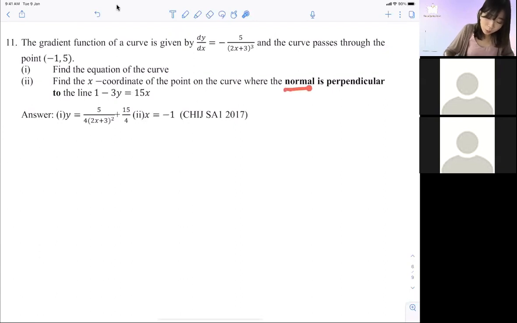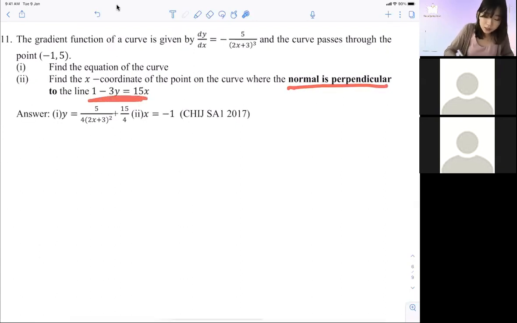So find the x coordinate where the normal is perpendicular to this line. We look at this line first. We only care about the gradient of the normal or tangent. So try to make y the subject.